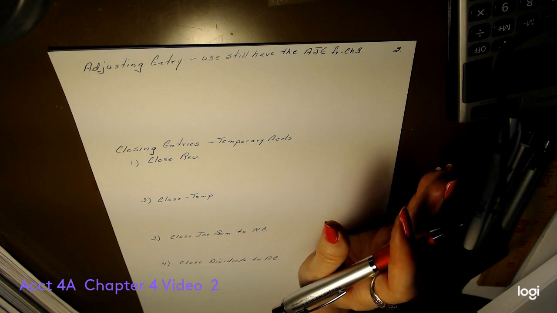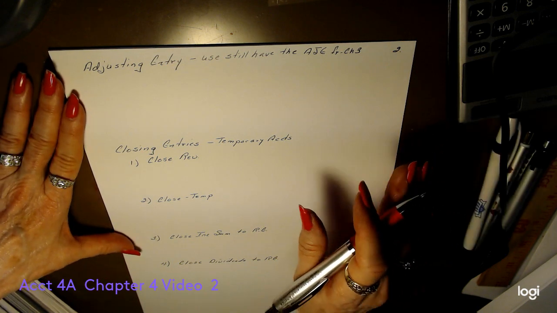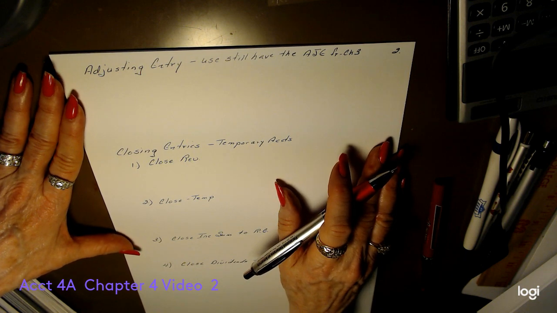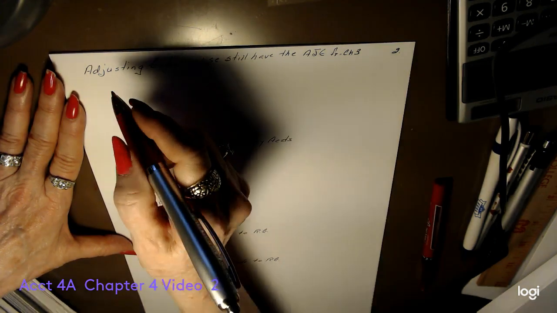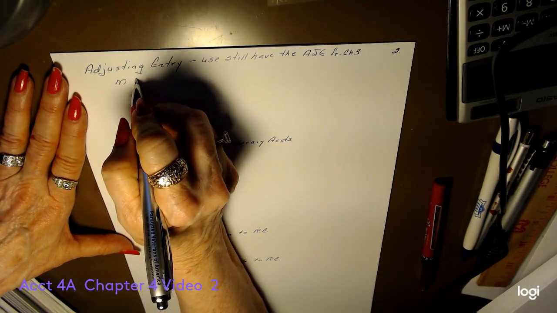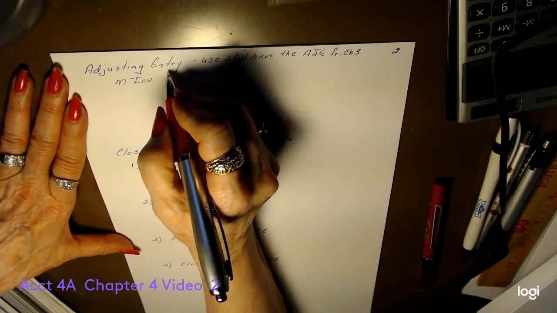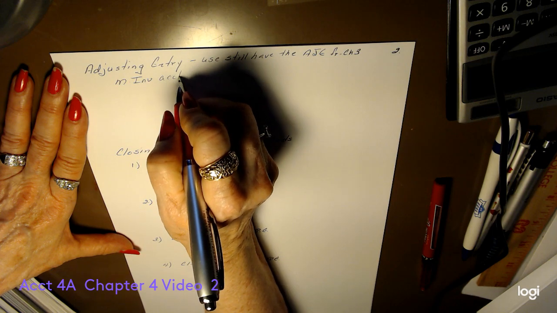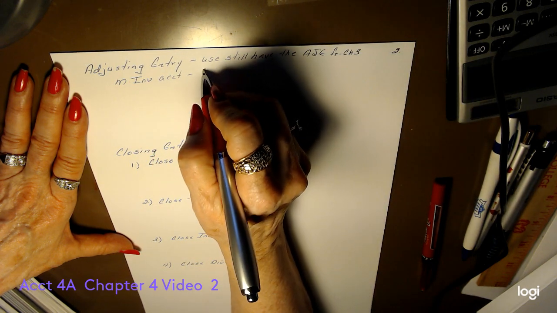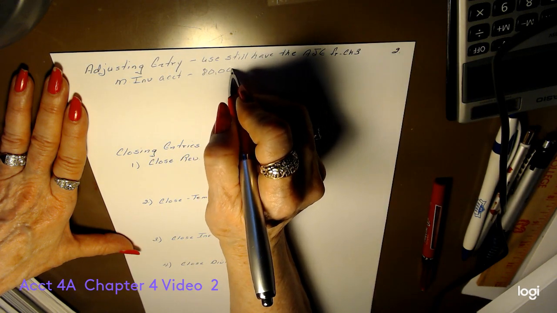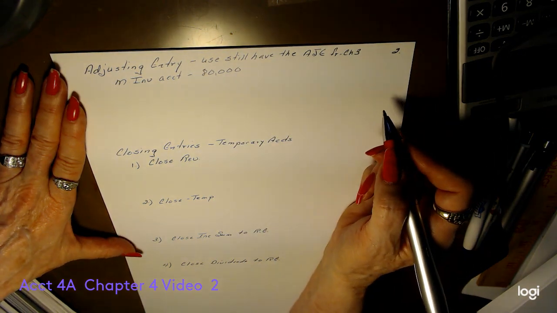And what happens is that if you went out and you looked at your inventory, so you looked at your merchandise inventory account, and it had a balance in it of $80,000.